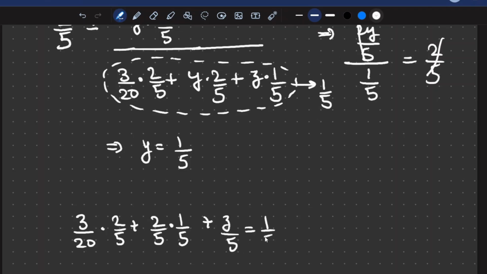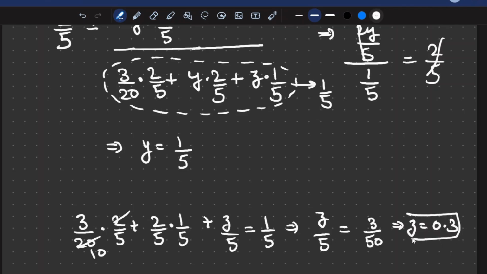Okay. So we have z by 5 equals 1 by 5 minus 3 by 50 plus 2 by 25, which is 4 by 50, 7 by 50, right? And 1 by 5 is 10 by 50. We'll have 3 by 50. And z is equal to 0.3. Okay.